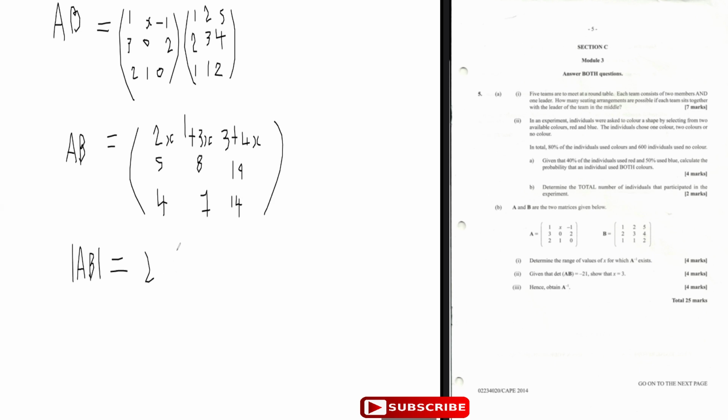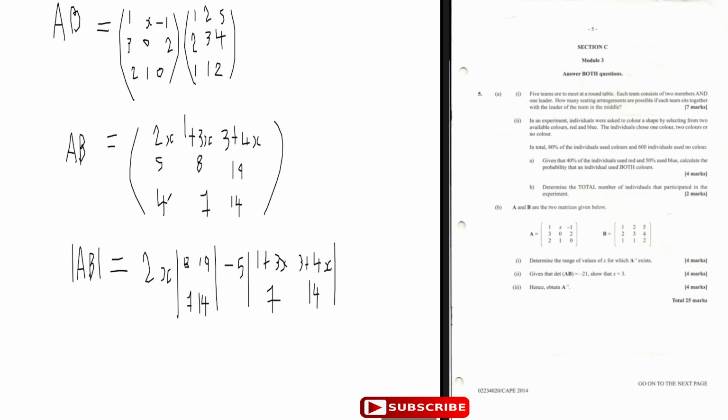So it's 2x times the determinant of 8, 19, 7, 14, minus 5 times the determinant of 1 plus 3x, and then that's supposed to be 3 plus 4x. All right, 1 plus 3x, 3 plus 4x, 7 and 14. Nice.